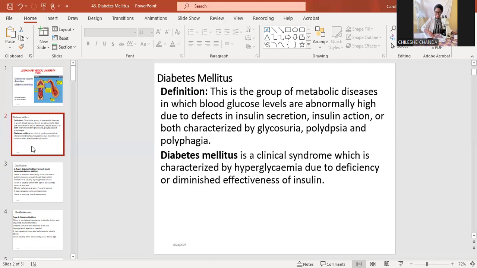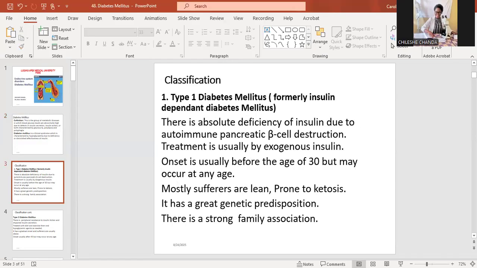It is also characterized by an increased amount of glucose in the blood. This is known as hyperglycemia, and this is due to diminished effectiveness of insulin.